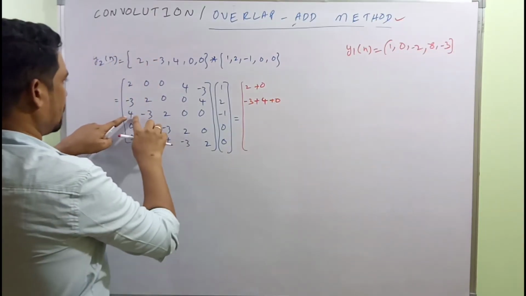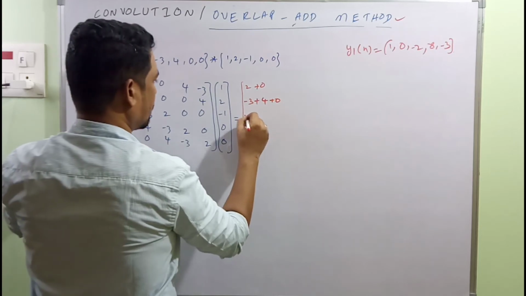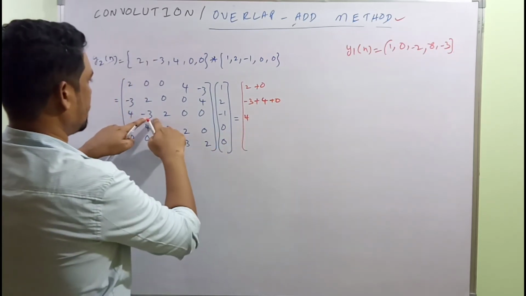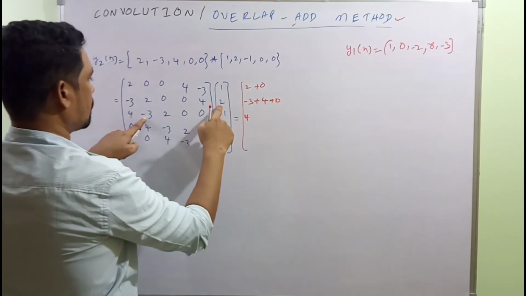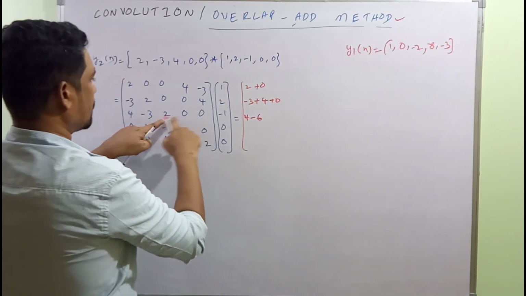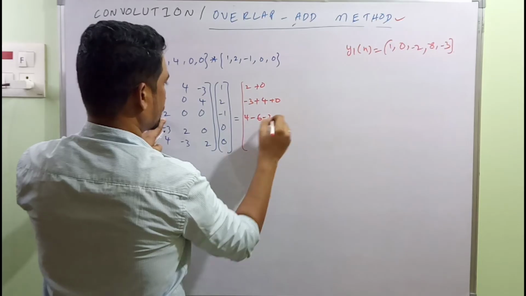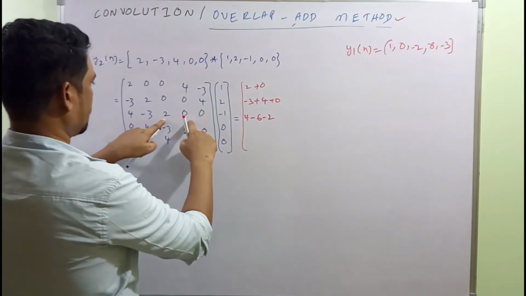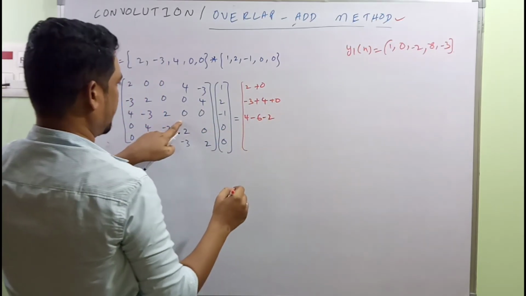Okay, and here 4 into 1, that will be 4, and minus 3 into 2, that will be minus 6, and 2 into minus 1, minus 2. Okay, 0 0, that's gone, we are done with that.